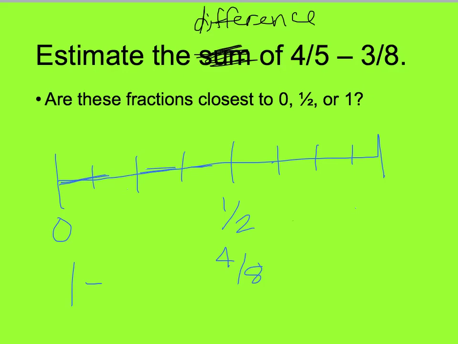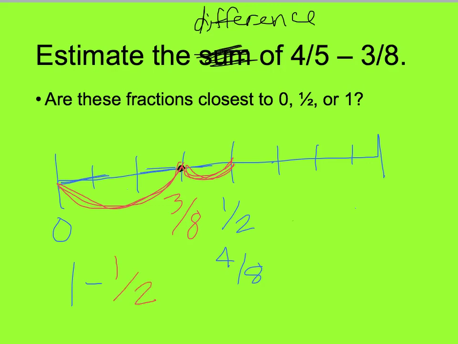Our 3/8 is going to be placed right in front of the tick mark for 1/2, or 4/8. Then we're going to compare once again the distance between 3/8 and 1/2 and the distance between 3/8 and 0. Like last time, we see that this distance is much shorter than this distance. So we're going to round that 3/8 to 1/2.